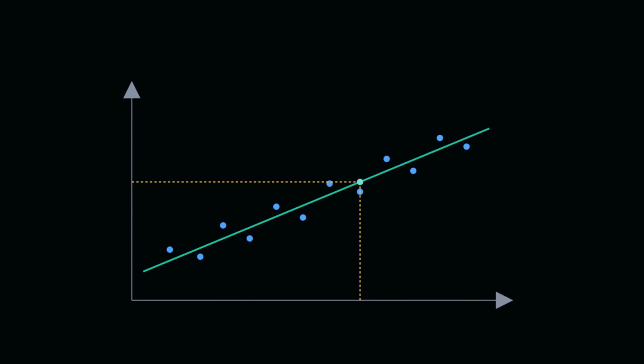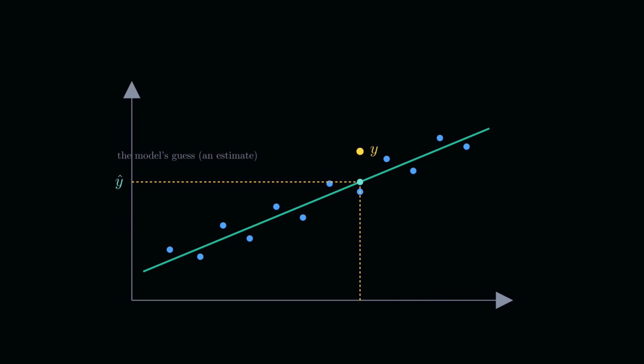To predict, we pick a size on the bottom axis, go up to that line, and read the price across. That value is the model's guess, and that is written as y hat, with a little hat to mark it as an estimate, which is carefully distinct from y, the true price of the actual house.